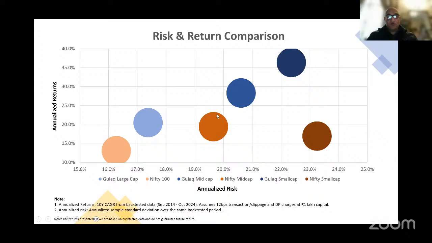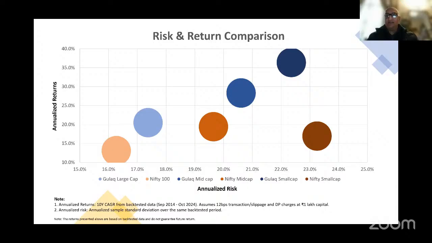So the risk goes up as you go from large, medium to small, and the return expectation also goes up as you go from large, medium, and small. So the most important thing to understand is if you want exposure to the small growth companies, you are taking more risk in the market. Your expected return is also high, but there will be more volatility.